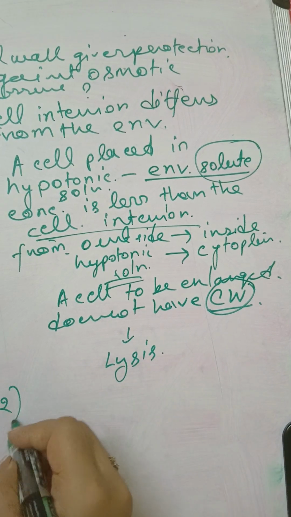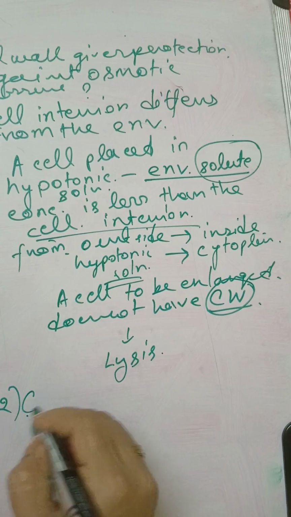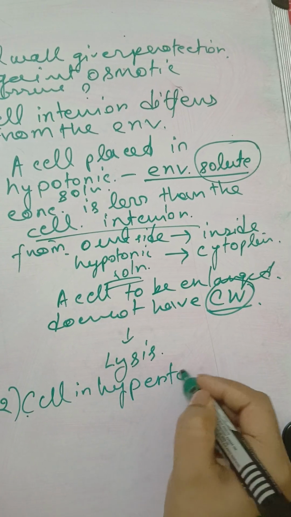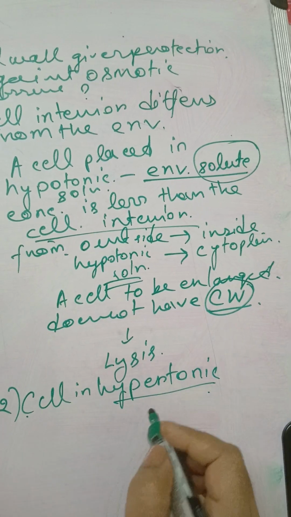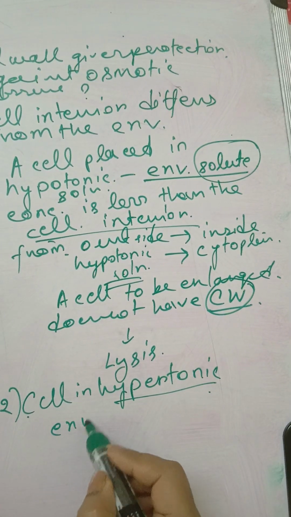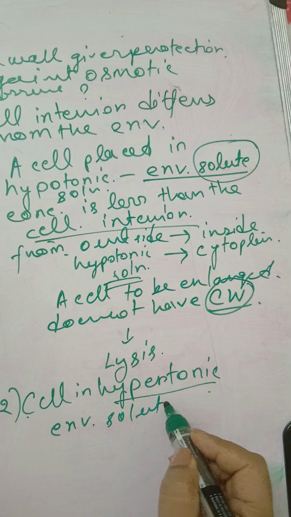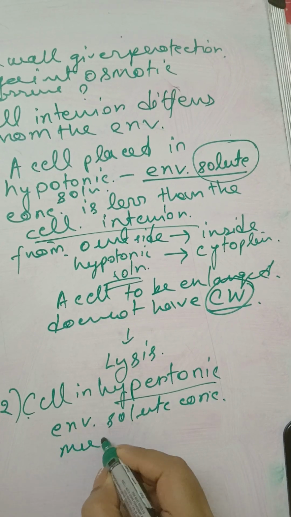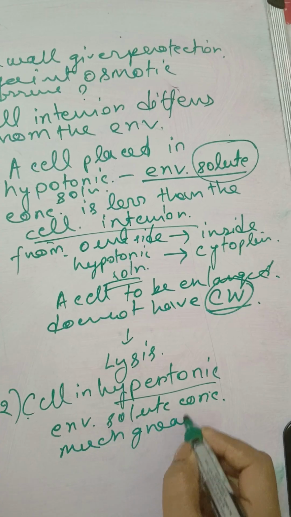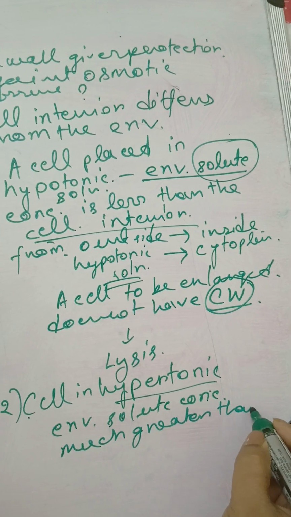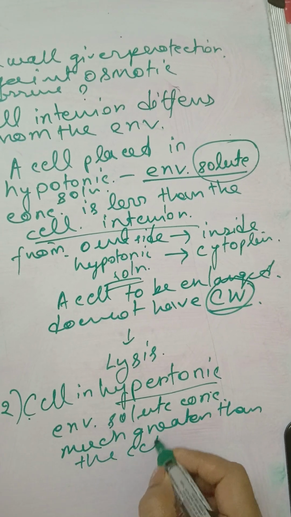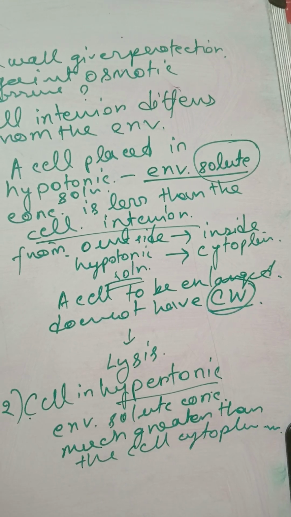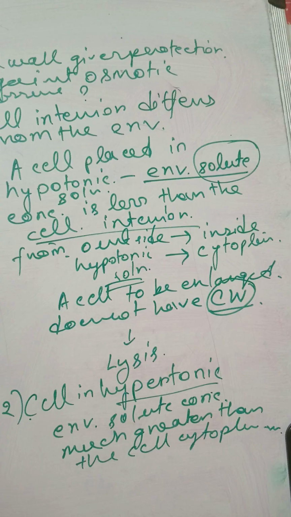Now the second principle, that is if a cell is placed in hypertonic solution. Hypertonic solution means the outside environment has a solute concentration that is much greater than the cell cytoplasm or the cell interior. The cell interior has lower solute concentration.